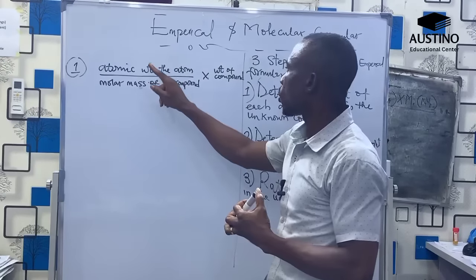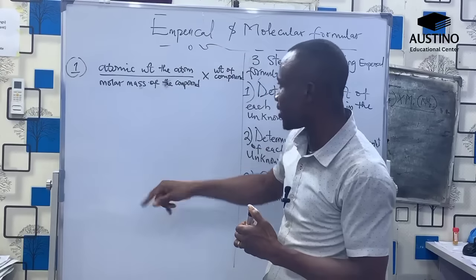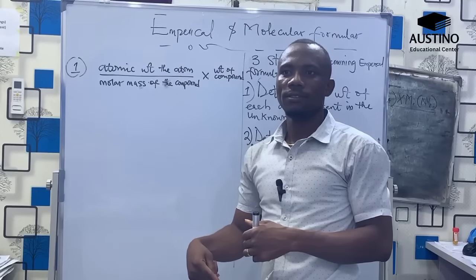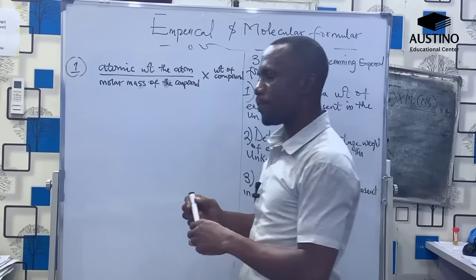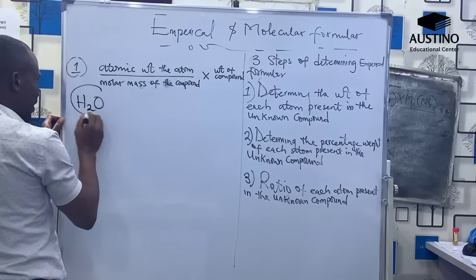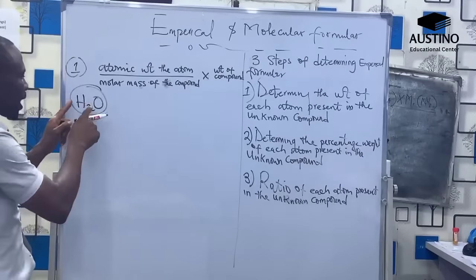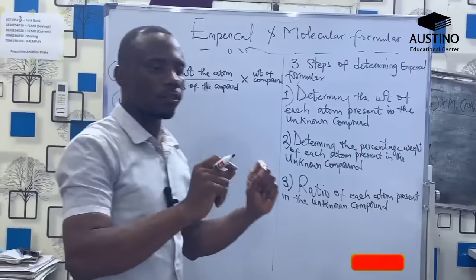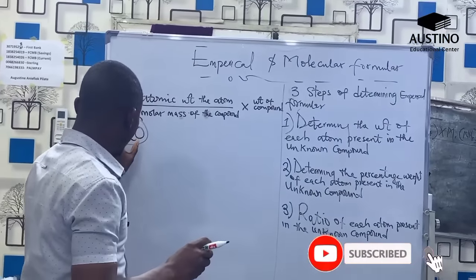You must take note: atomic weight of the atom present, all over the molar mass of the compound. For example, if I have water, water is a compound. Water has hydrogen and oxygen.